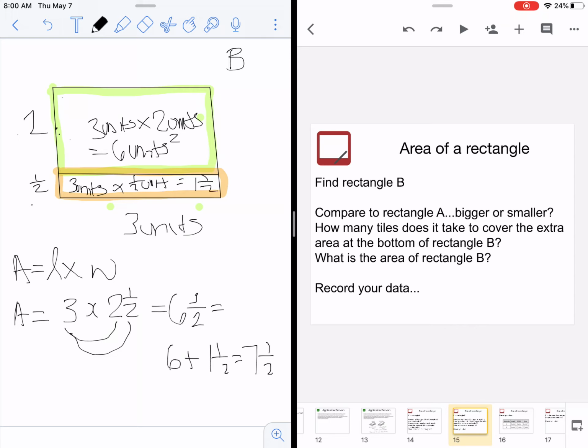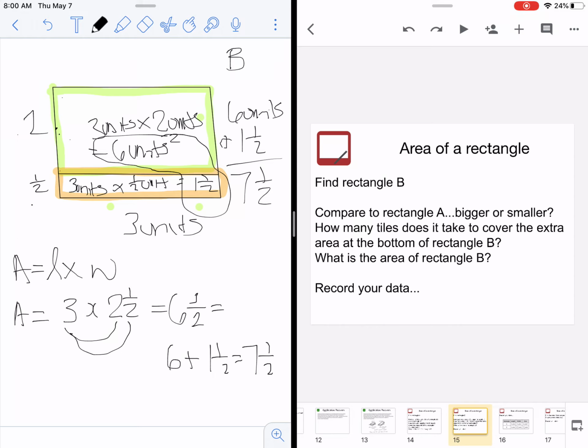So then you just add together our 6 units plus 1.5 units. 6 units plus 1 and 1/2 units gives you 7 and 1/2 units. So 2 different ways of finding the area, but we get the same answer. Okay?